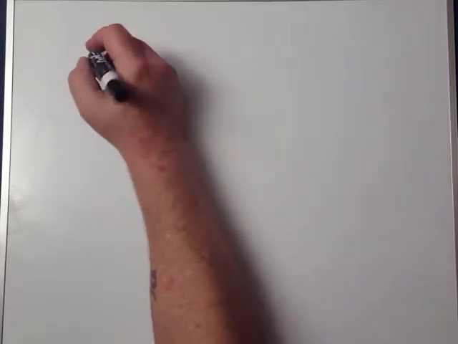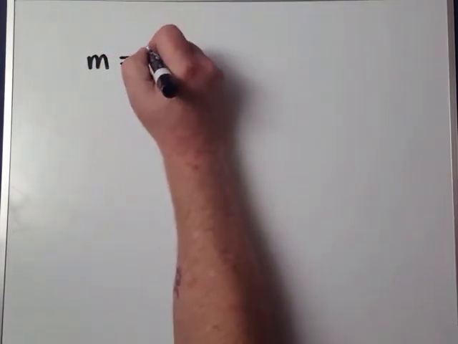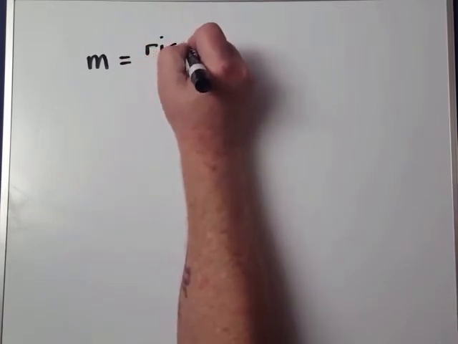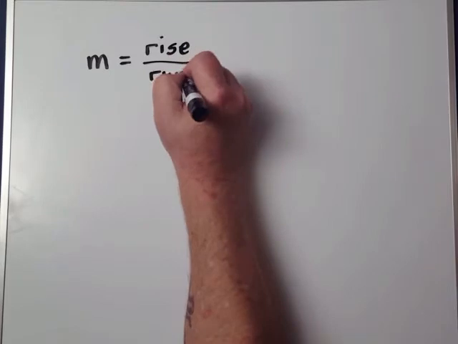On page 226, she gives us the slope formula. So we already have this idea that the slope, we're going to call the slope m, is the rise over the run.